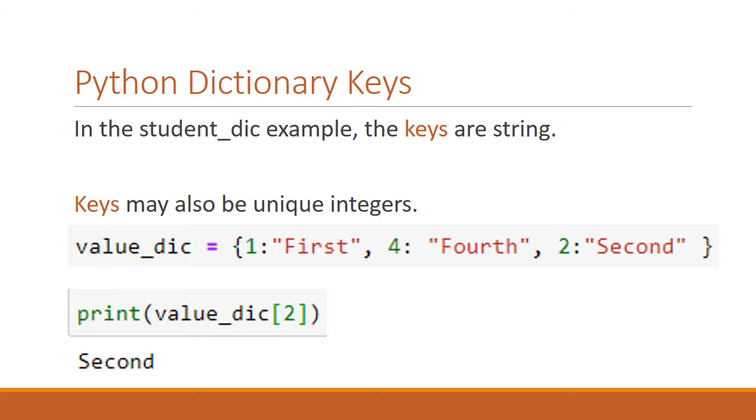The second item is the integer 4 with the associated string value fourth. And the last item in our dictionary is the integer 2 with the associated value string second. When we want to access a value within that dictionary, we use the key. So we use the key 2, and we get the associated value, which is second.